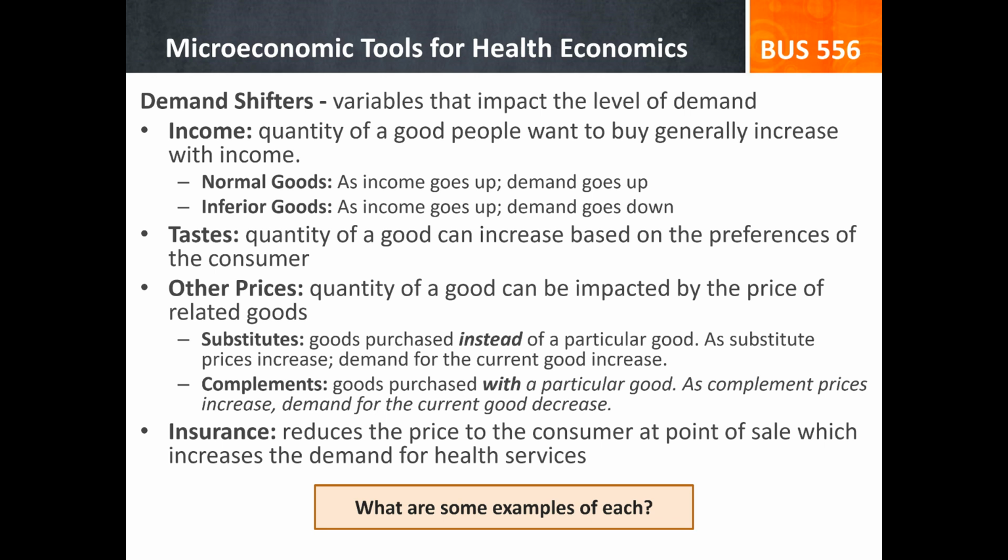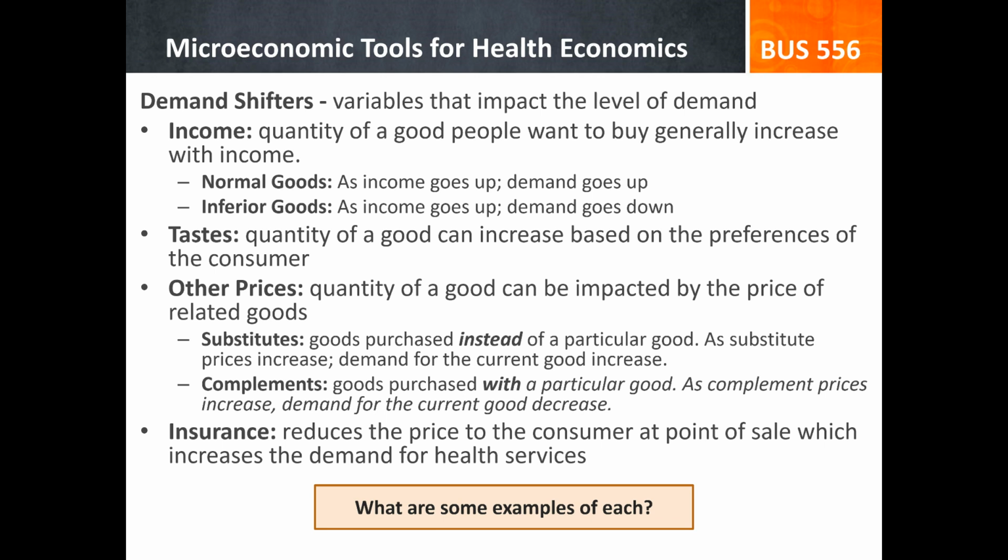And then other prices. So this is key. There are substitutes and complements. Substitutes are goods purchased instead of a particular good. As substitute price increases, demand for the current good increases. So what does this mean? A substitute for coffee could be tea.